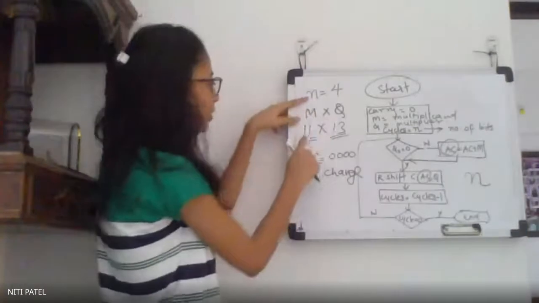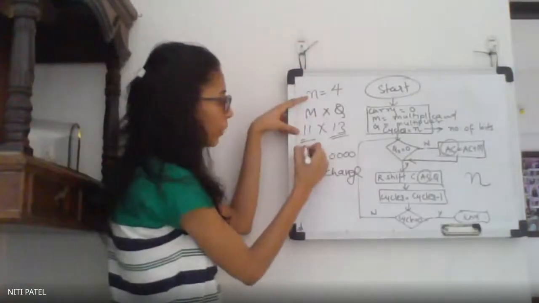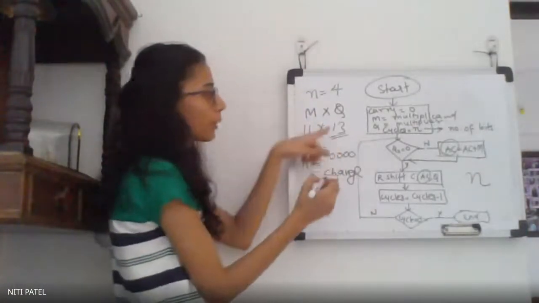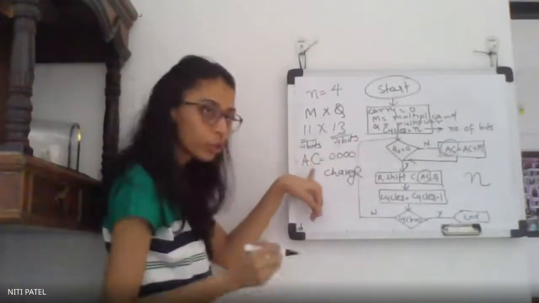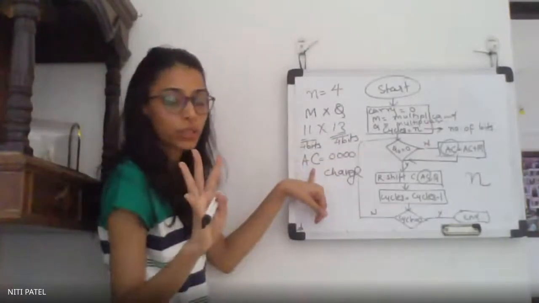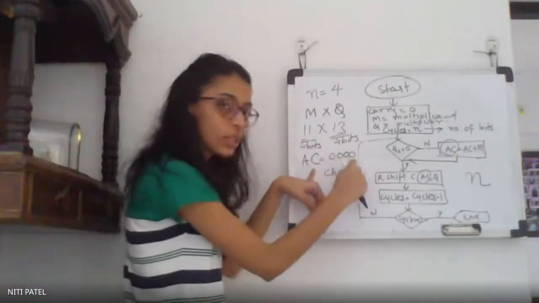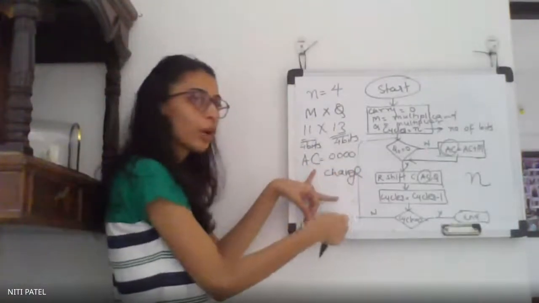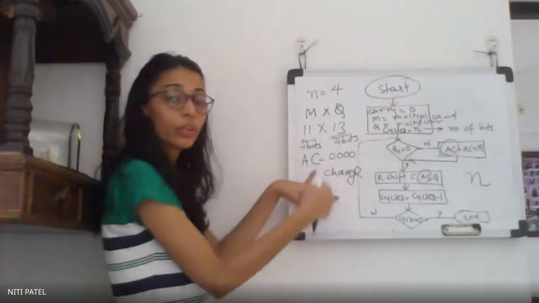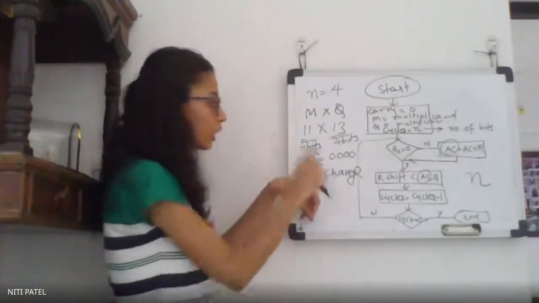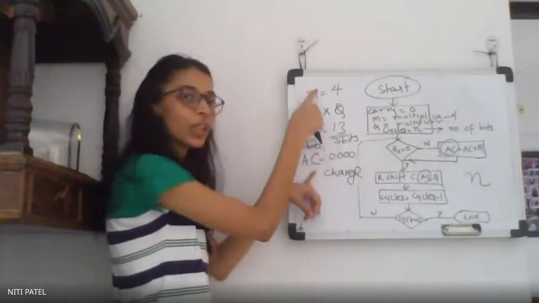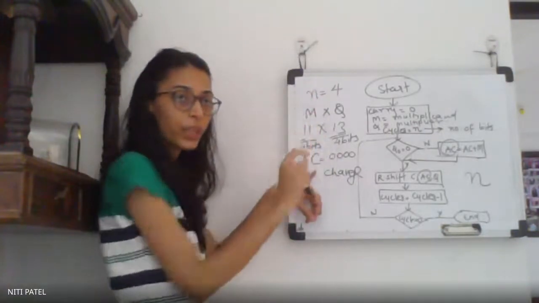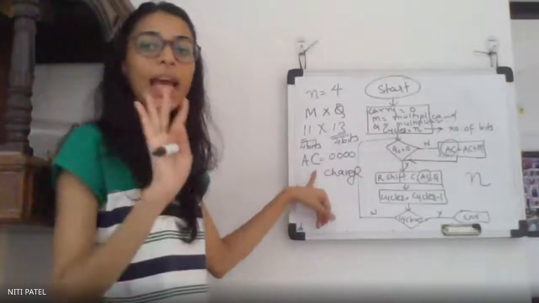So I have to represent 11 in how many bits? 4 bits. I have to represent 13 in how many bits? 4 bits. Similarly, your accumulator will also be in 4 bits. So initially it will be 4 zeros, and when you keep performing multiplication, it will keep changing. Initially it will be zeros, and how many zeros depends upon the size of the register given in the question. If it is not given, you have to assume it as 4.